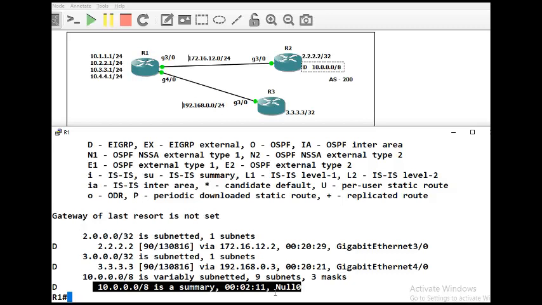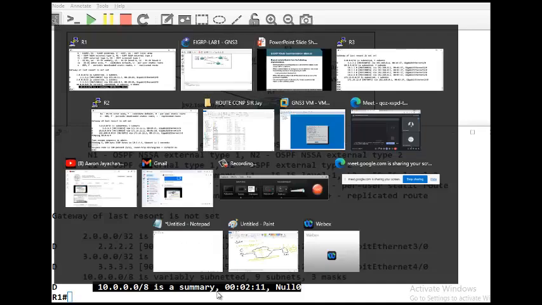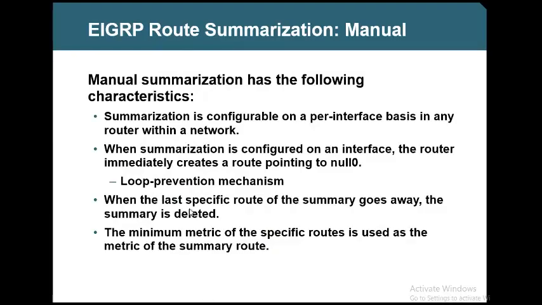If I shut down 2 of these, will it go? No, because it's the summary of all 4. That is what is said here: when the last specific route of the summary goes away, only then the summary will be deleted. Last means all loopbacks should be shut down, in our example.